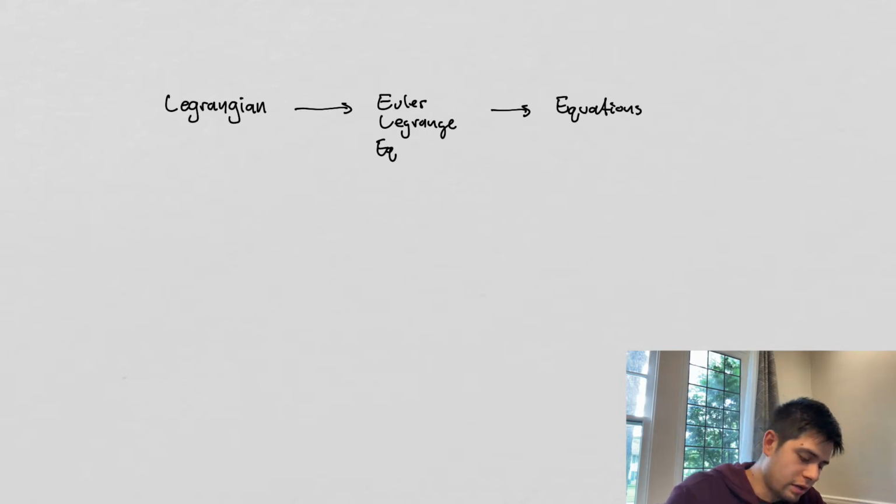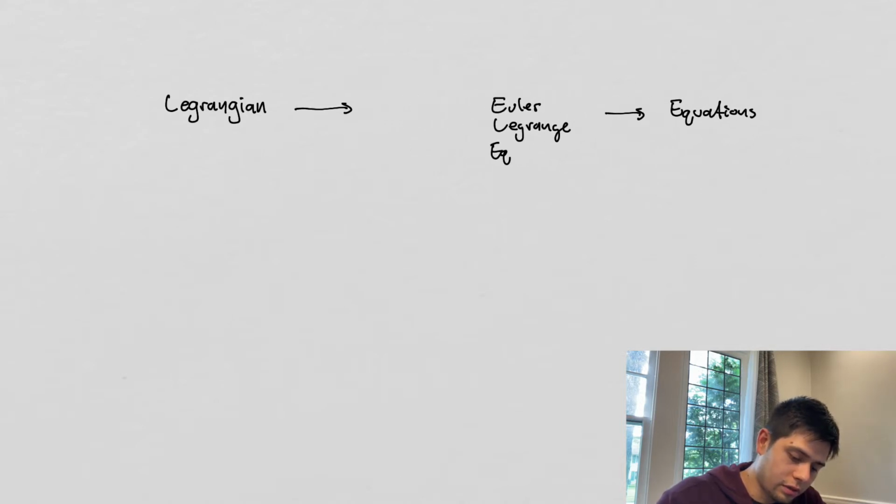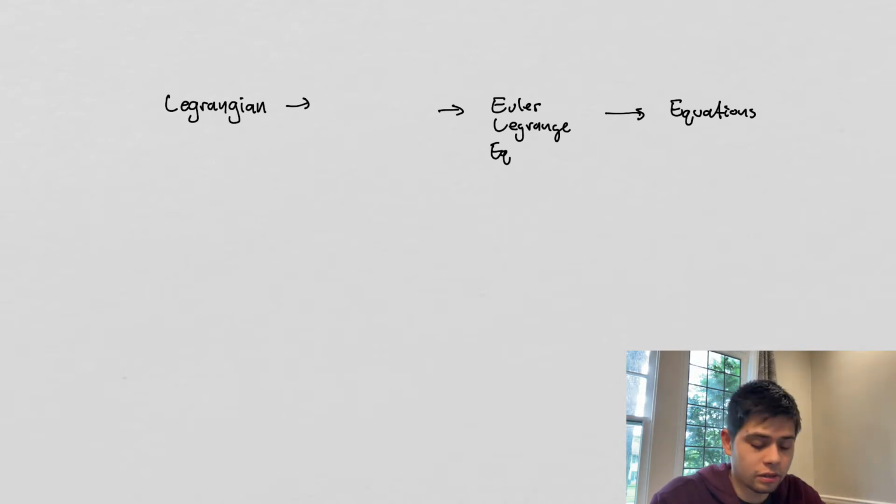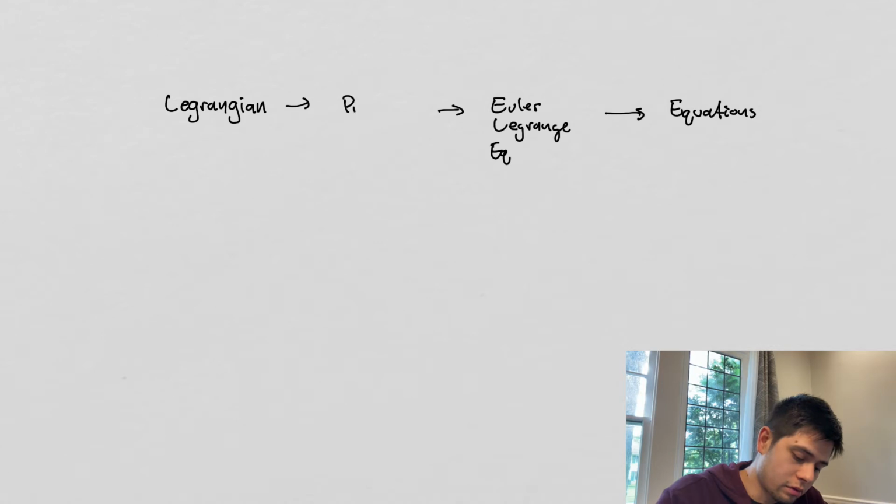I'll move this over a little bit, and I'll erase this arrow, because between going from the Lagrangian to the Euler-Lagrange equations, we talked about the principle of least action, right?